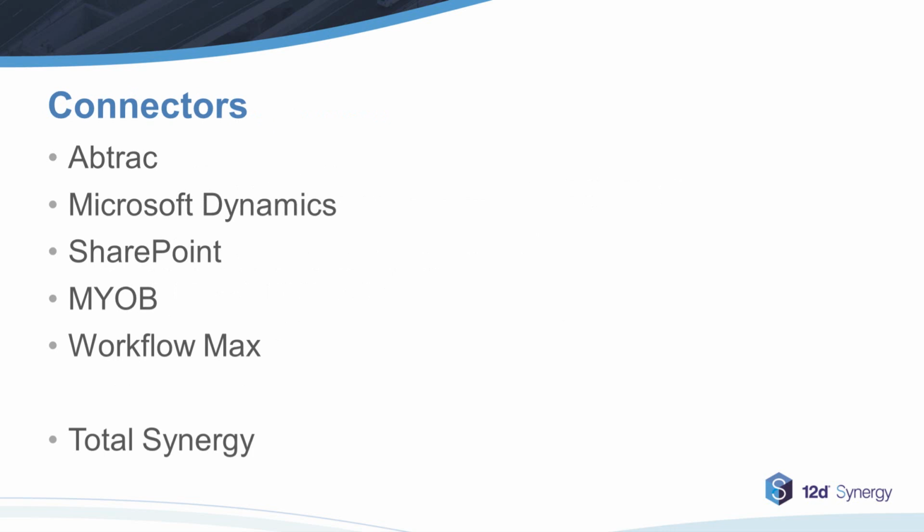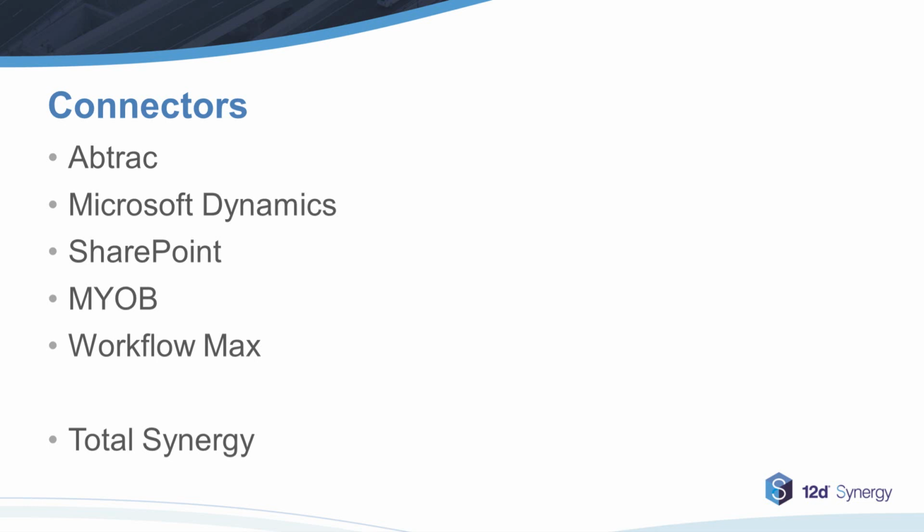But what about all these other areas that 12D Synergy doesn't manage? We're always looking for ways to improve our products, and customer feedback is the main driving force behind that. A feature that has come about from this are our connectors. The Connector API allows you to connect 12D Synergy to your business's other software products.